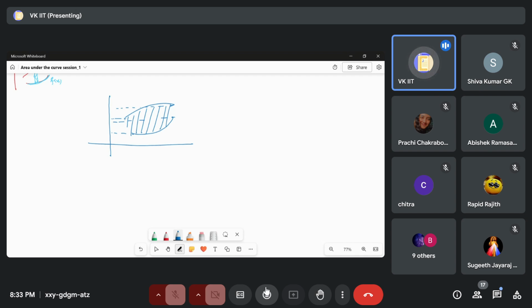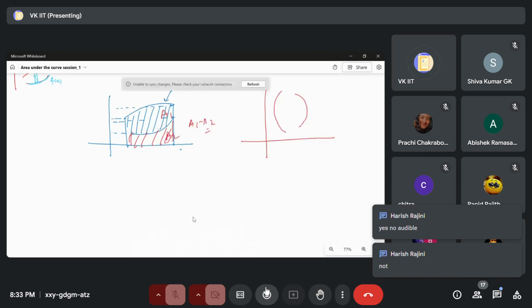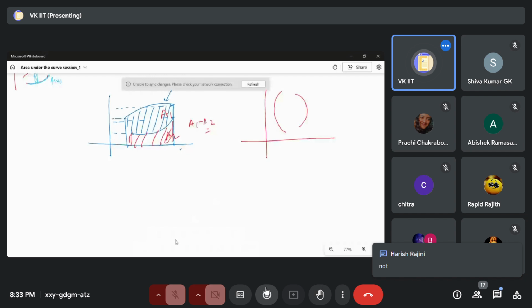This is possible on this curve and the x-axis, and the area which is covered by this lower curve. Is it audible now?